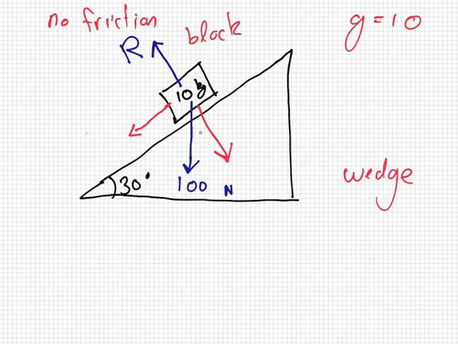So it's important that you know that in this diagram, if that's 30, this angle here is also 30. So how big is this side? That would be 100 cos 30. And this one here? 100 sine 30.